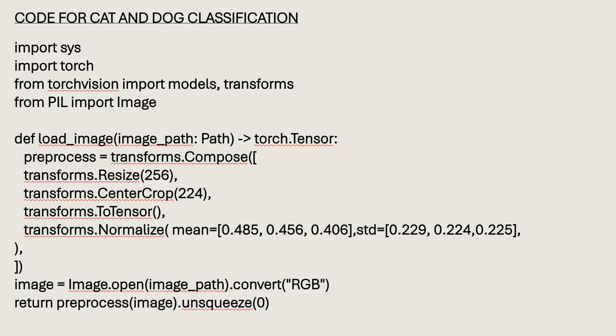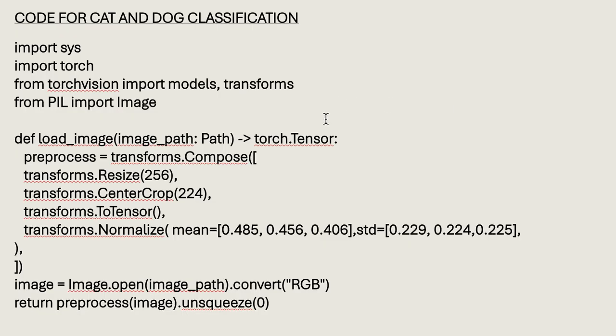That converted image is passed into the main function, which is preprocess. That image goes inside, and then preprocess will transform that picture into the format that ResNet 18 needs.